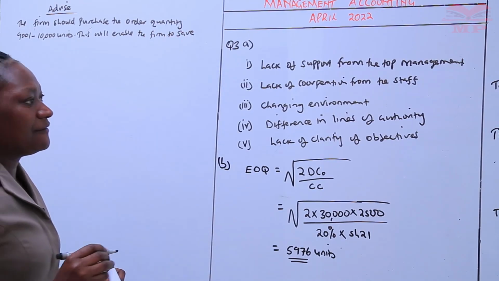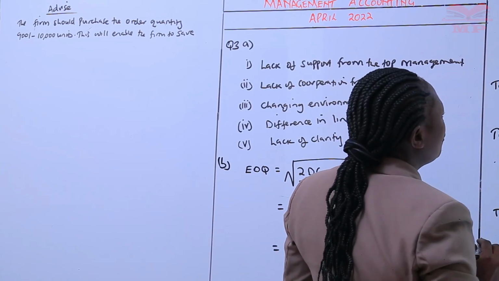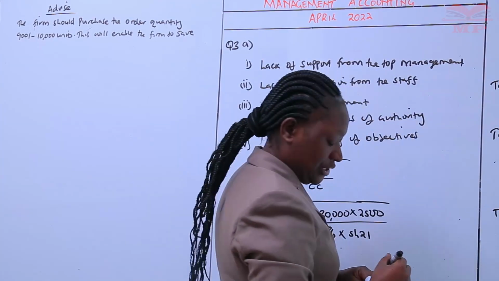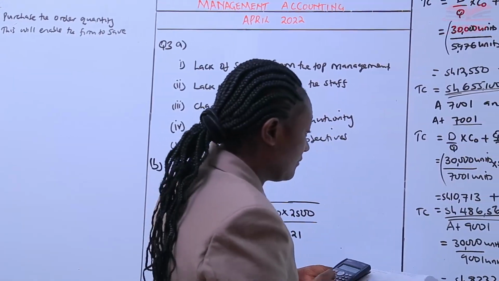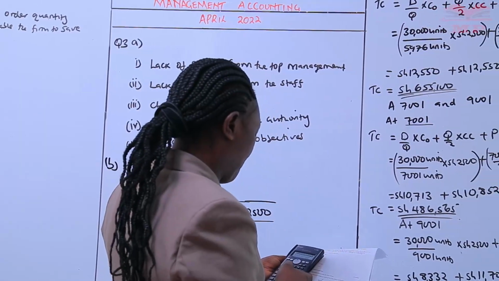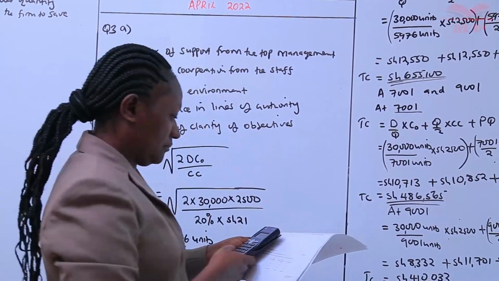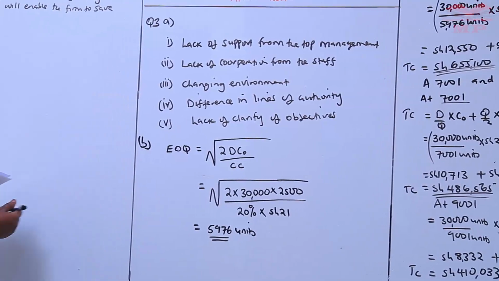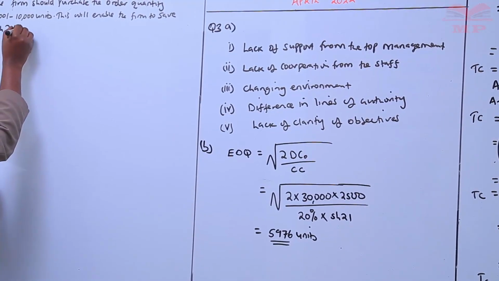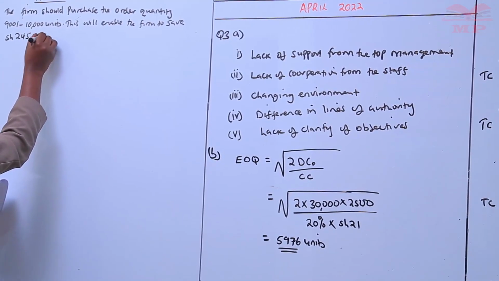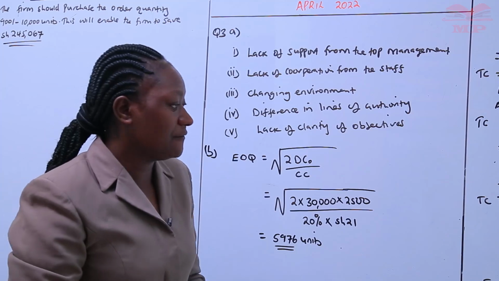How much will it save? The difference between the current total cost and that which we are advising it to. So that is 655,100 minus 410,033. It will be able to save 245,067. So that's the advice we give.